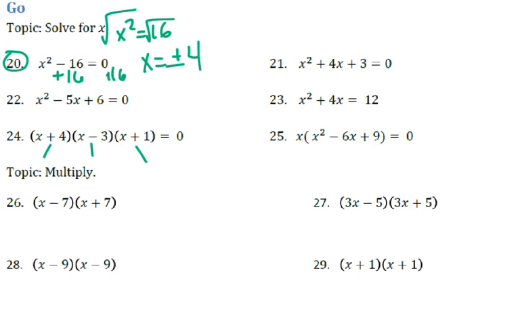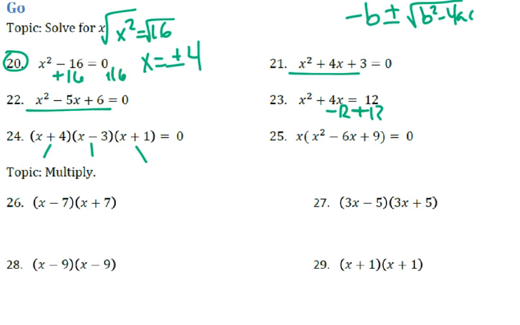Solve them separately like that. These other ones, factor, factor. You can complete the square or subtract 12 from both sides and either factor or use the quadratic formula. Remember this, opposite of b plus or minus square root of b squared minus 4 times a times c over 2a. You can do that on these ones as well.